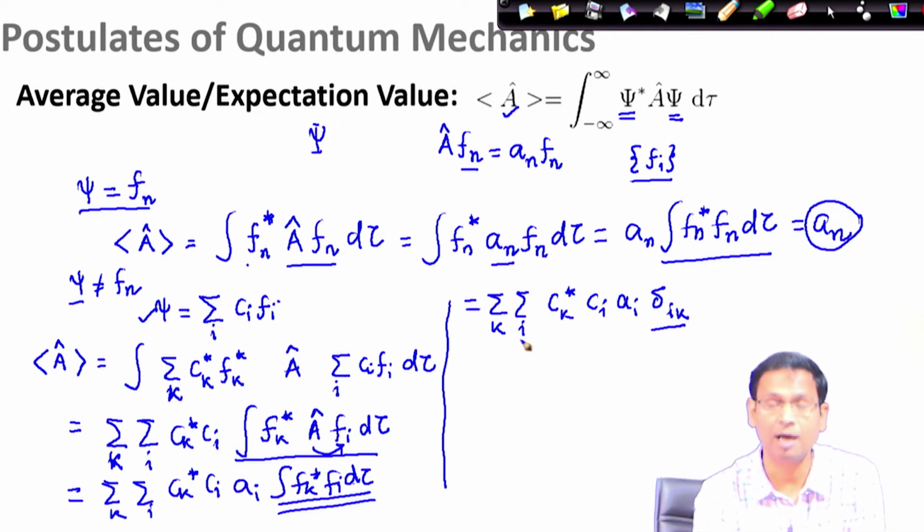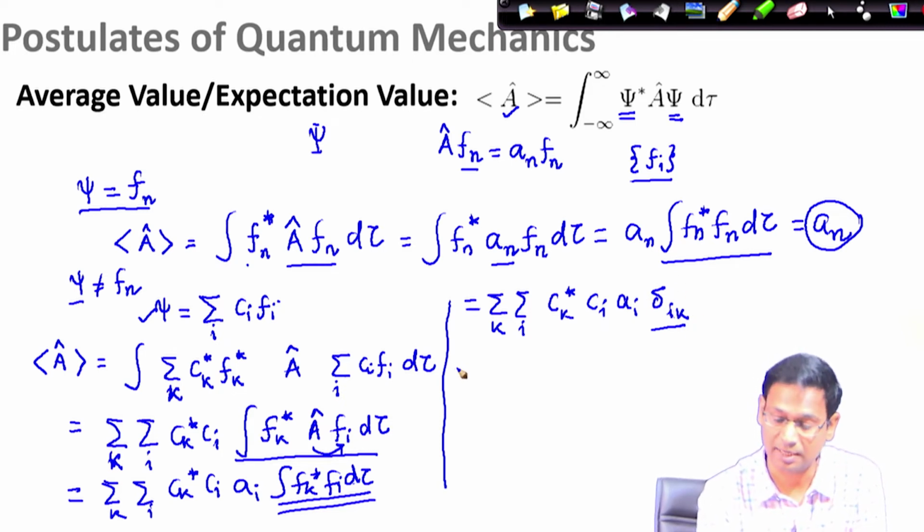So, therefore, when I have two sums, let us say I expand the sum over k. I see only one value of k will survive. Only when k is equal to I, then delta I k will become 1. For all other values of k, delta I k will become 0. So, therefore, the net effect of this summation over k is simply that only one term will survive, and that term will be when I equals k, and when I equals k, this value will become 1.